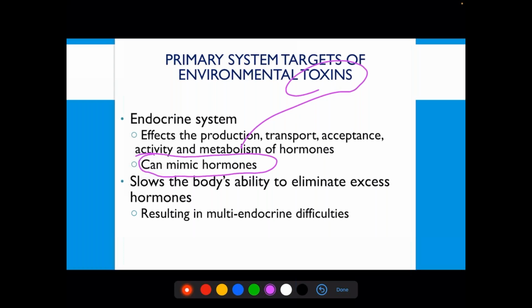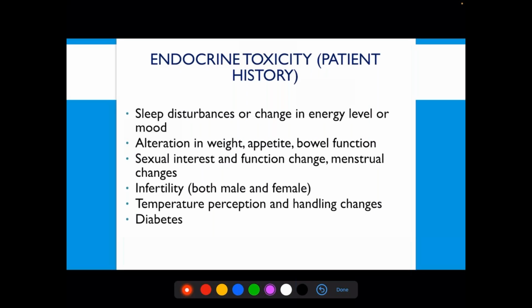This is the second thing on here, basically saying the same thing we said earlier. It may stop the body from being able to eliminate even the excess hormones as well, so you may create a toxicity from that. The endocrine also shows some more symptomatology. One of the ones that people are not thinking of, unfortunately, and I do the same, is this: you have someone, a male or a female, and you've put back testosterone because that improves the libido and so forth, and you still somehow don't have that improvement.